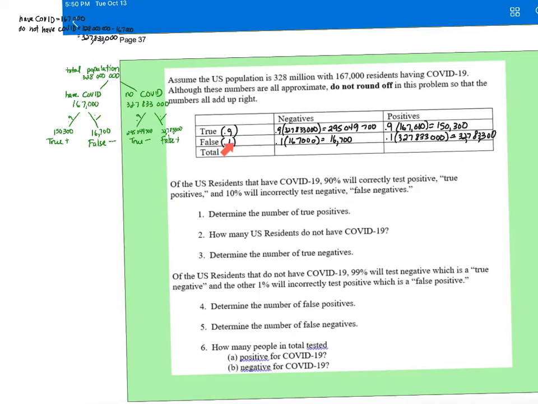The false negatives, which is where it gets tricky, have been told that they don't have COVID, but they actually do. So we would be taking 10% of those that did. They have been told they don't, but they do. The false positives took 10% of those who were not having COVID, but they were told they had it.